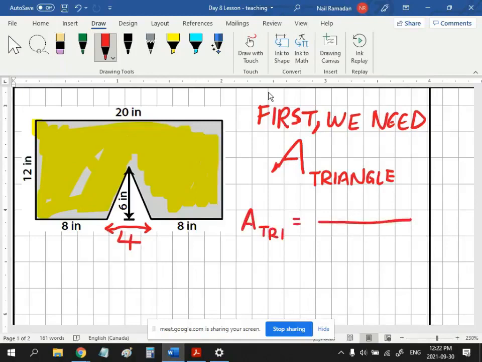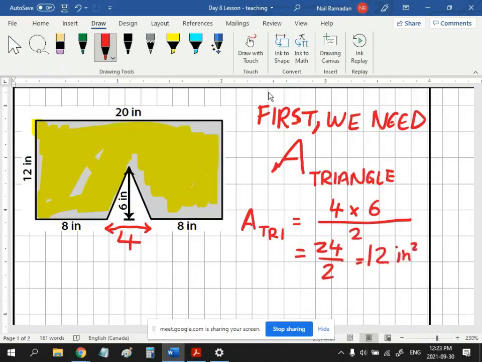I'm not going to be a stickler for writing the equation first. You can jump straight to the numbers. It's up to you. 4 times 6 divided by 2. How much is that? 24 divided by 2, which is how much? What's the unit for area? It's always inches. You have to square it. Remember, square footage. So inches squared.